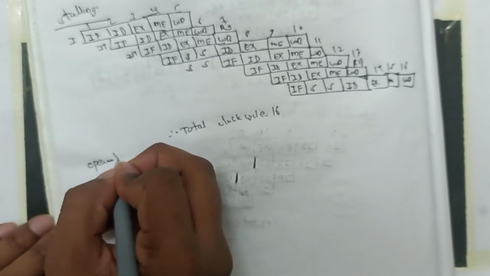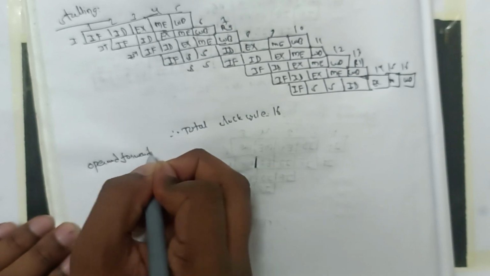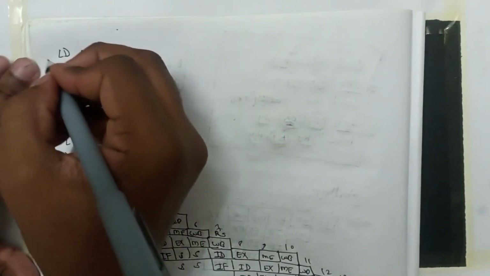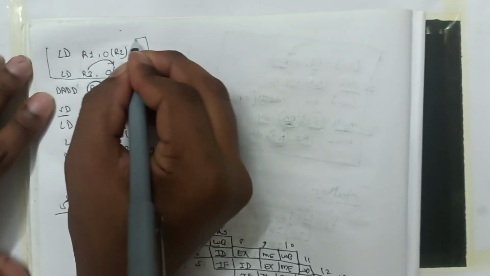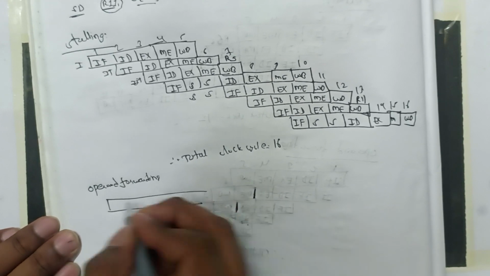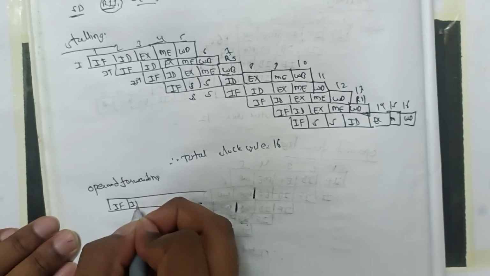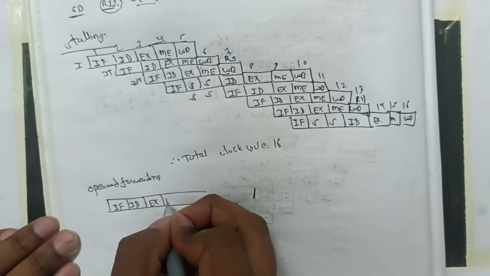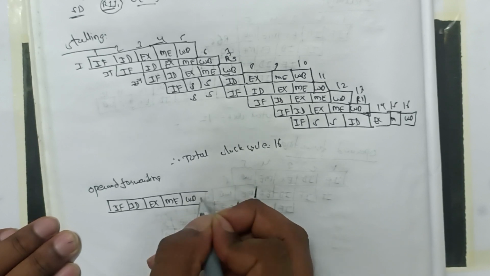Let's see by using operand forwarding. These first two instructions are not interlinked, there is no dependency, so just simply draw the figure: IF ID EX MEM WB.